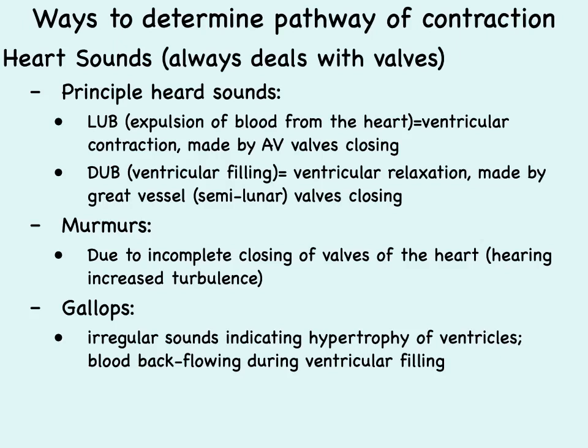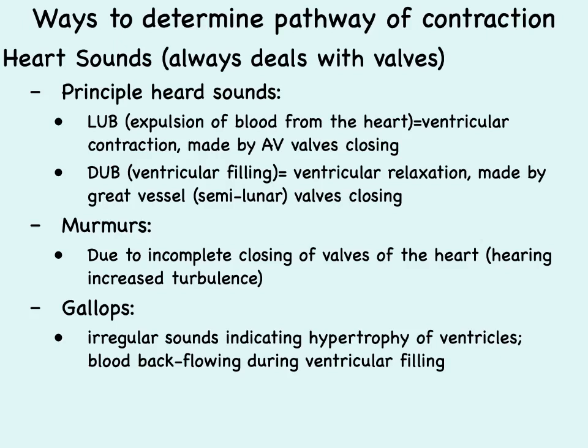S1 and S2 correspond to the lub and dub that we hear when we auscultate, or listen to, the heart, where lub is the indication of ventricular contraction and the closure of the AV valves, the tricuspid and bicuspid valves, whereas the dub is the indication of ventricular diastole and the closure of the semilunar valves, the pulmonary and the aortic valves.